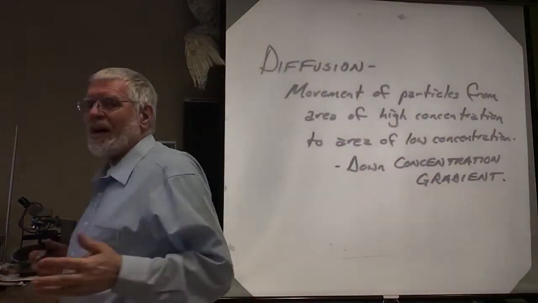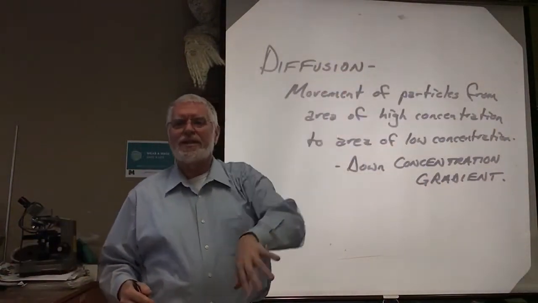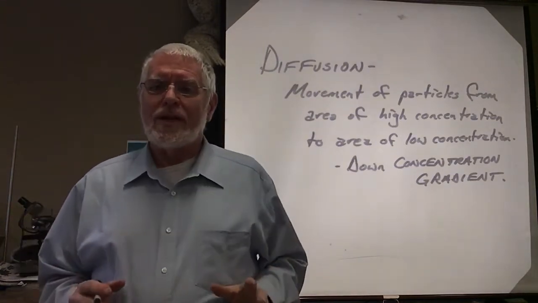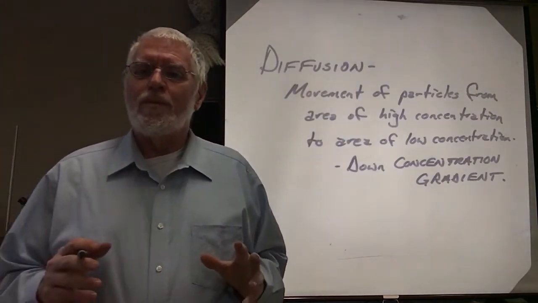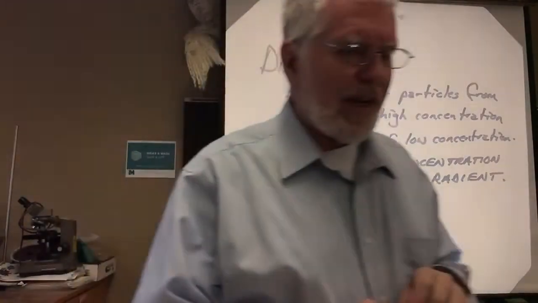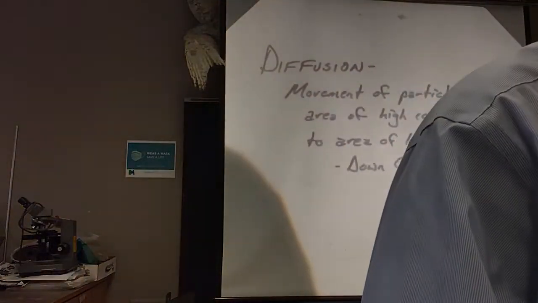Things move down a concentration gradient, high concentration to low concentration. Diffusion is a downhill movement in terms of concentrations, high to low. If it's going the other way, then you're not seeing diffusion.